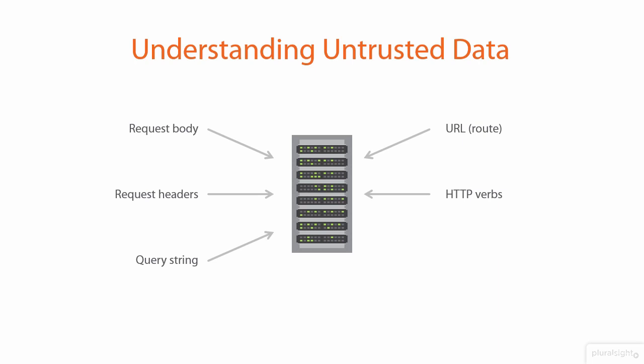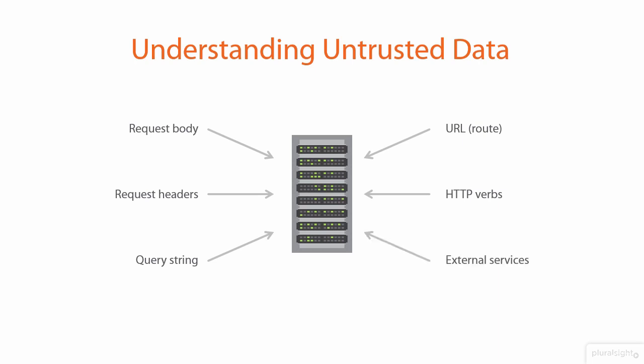The question, of course, is what does the application do if an attacker is trying to delete a resource that they're not authorized to delete? That's the trick with untrusted data. You can't change the fact that attackers can manipulate untrusted data. All you can do is change how the web app responds when an attack comes in.